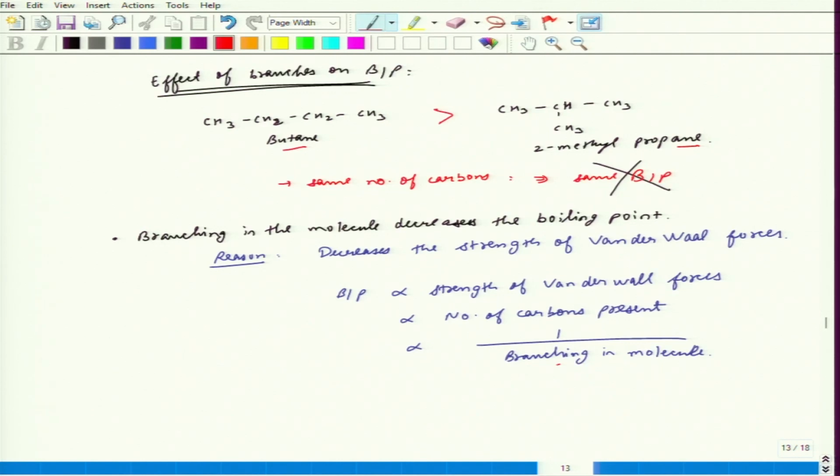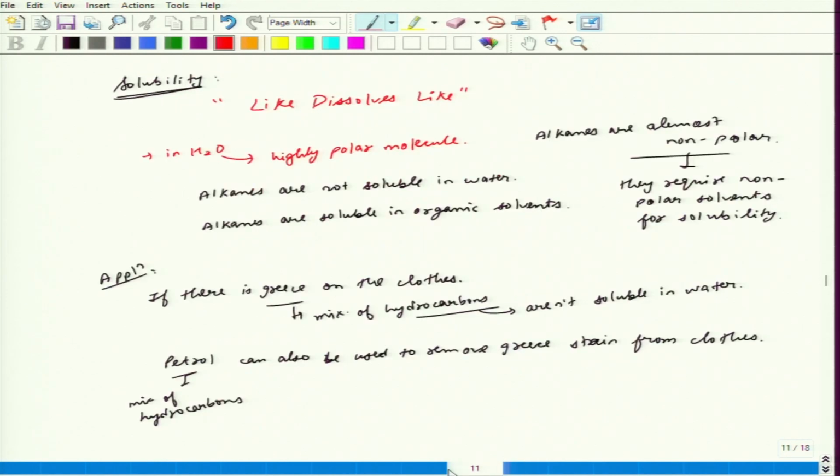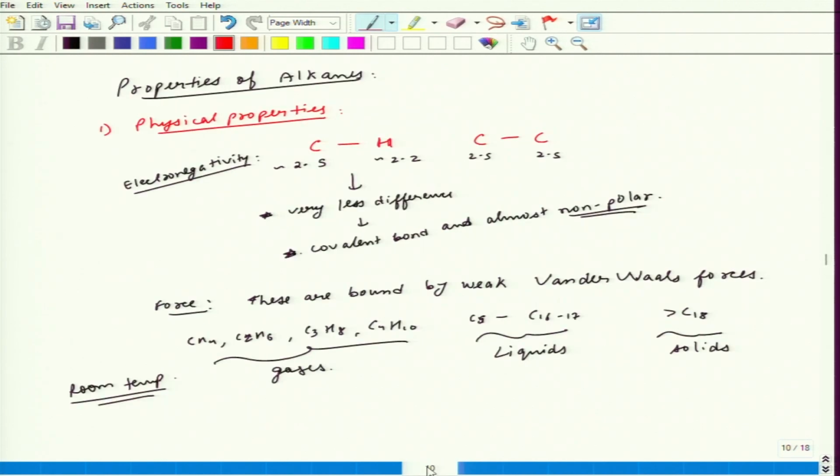Okay. So till now, these are the things to remember. About the physical properties, I have told about the electronegativity, the van der Waals forces that are present, and how the states of the members of the list change on increasing the number of carbons.